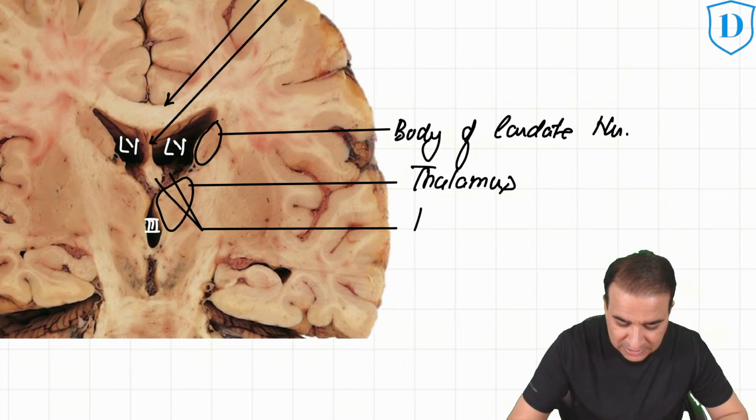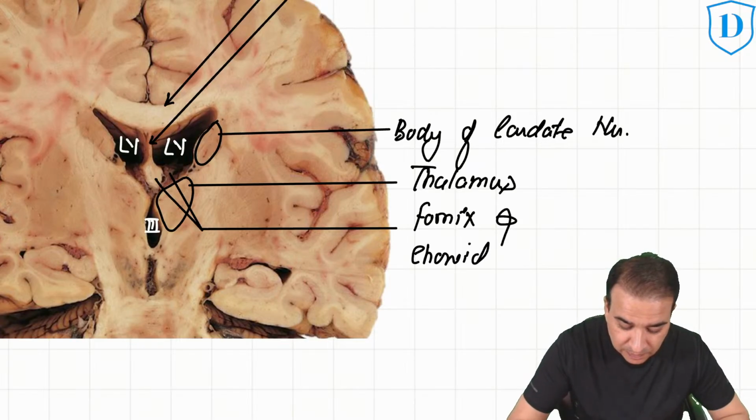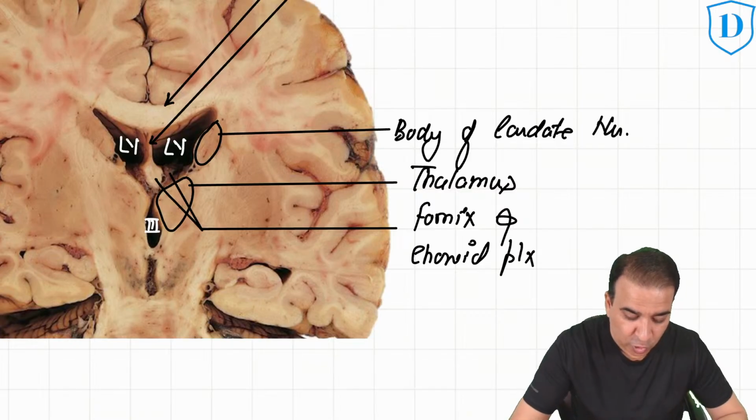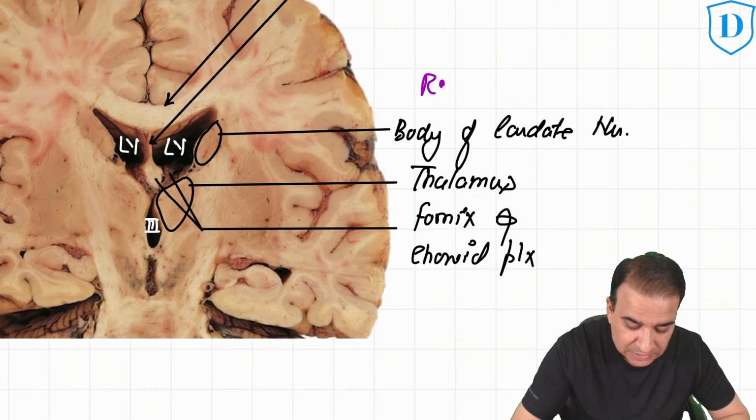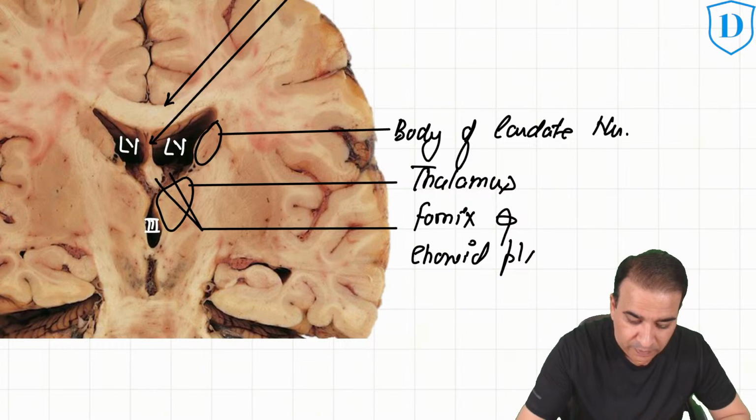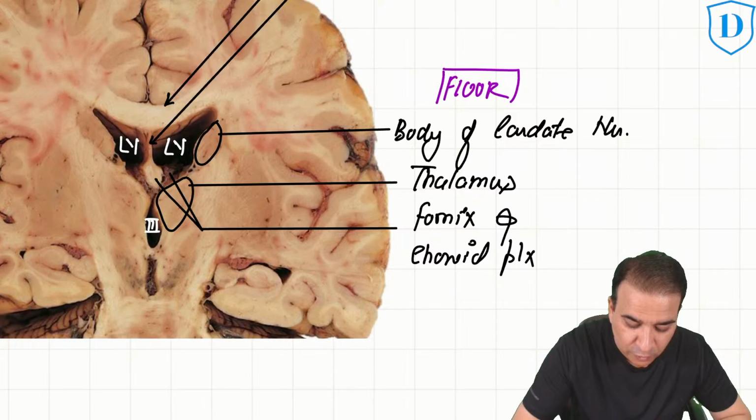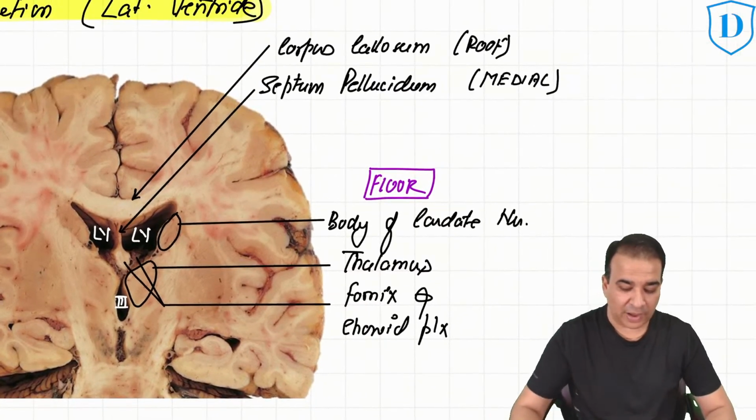So that is the fornix. That's a coronal section of fornix and choroid plexus. Fornix and choroid plexus, all these structures are present in the floor. They're all present in the floor of the lateral ventricle. So now again I can see the roof.